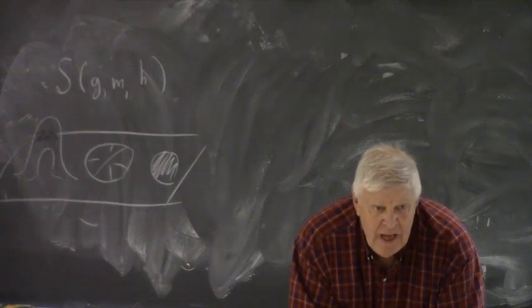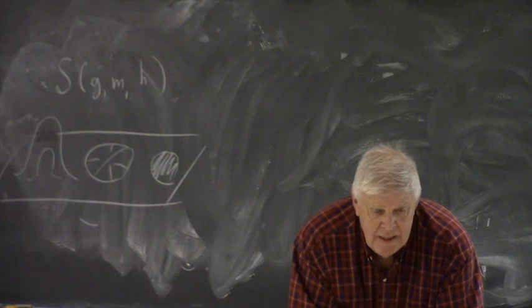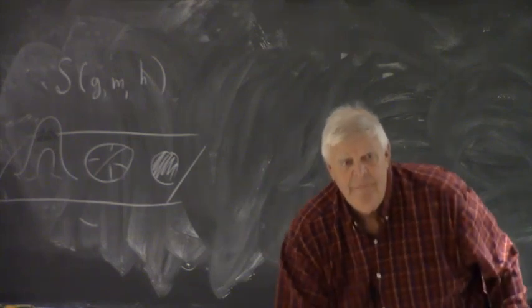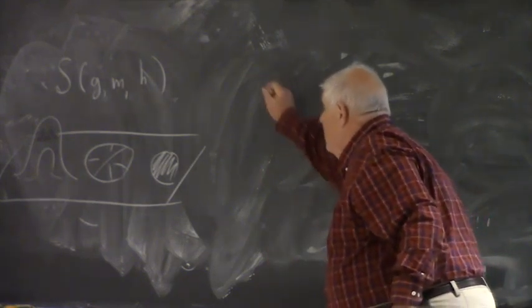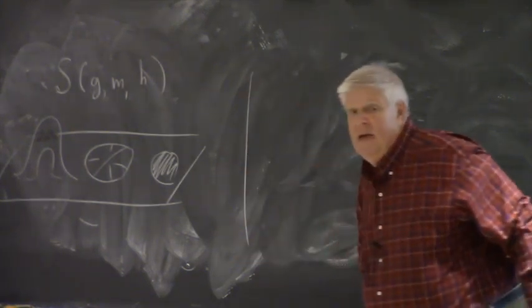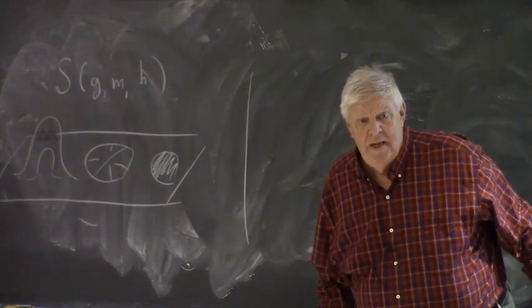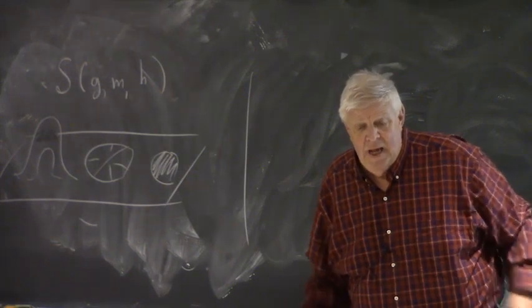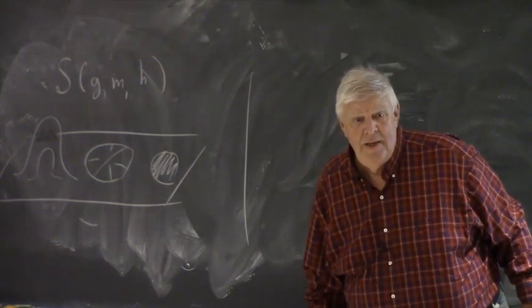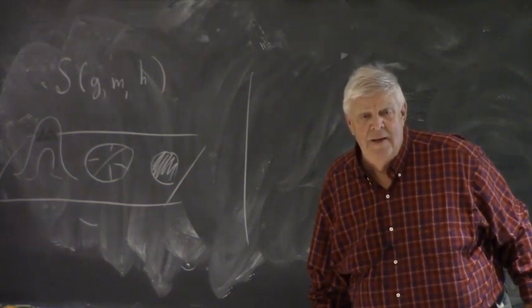That is, every smooth compact connected two-dimensional manifold is diffeomorphic to one of these surfaces. They may be called classical surfaces. Okay?